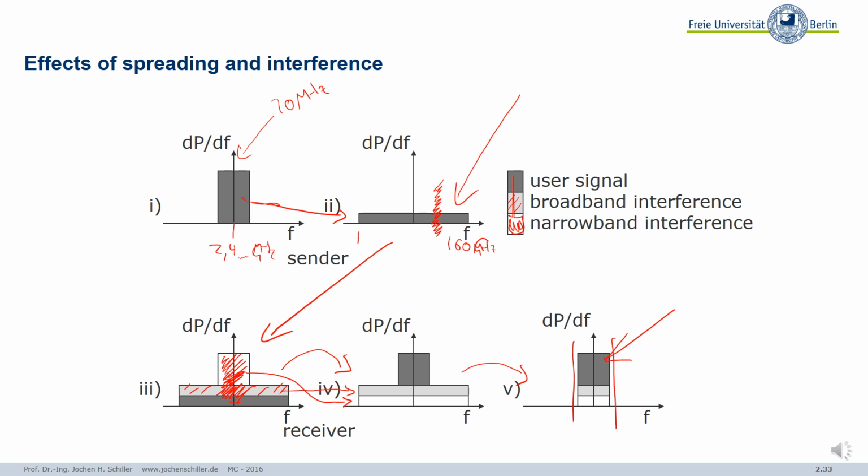Then you cannot even detect that there's a signal. So you can hide your user signal in the noise. It's just a question of how much noise you have. So if this is our noise level, then you can hide the signal. No one will notice that you transmit something, which is a good idea if you are in a hostile environment.